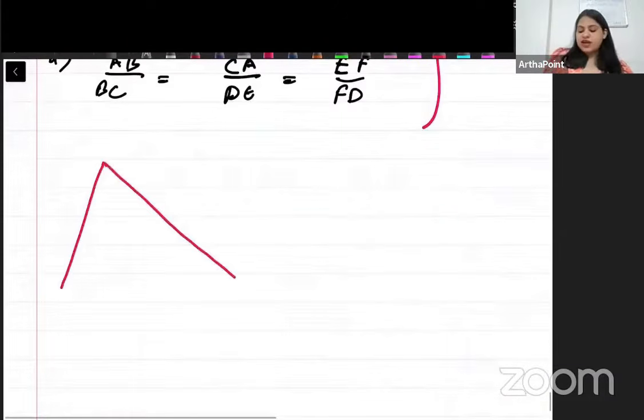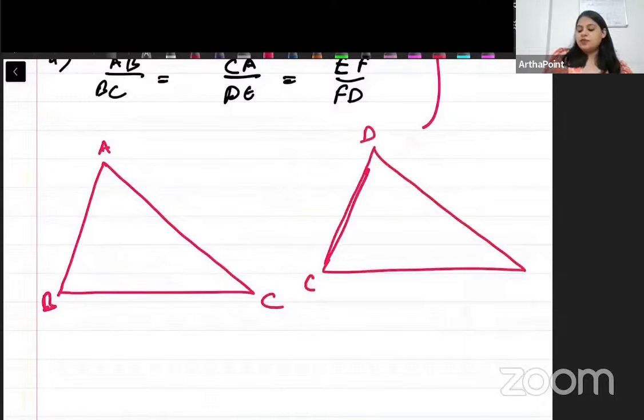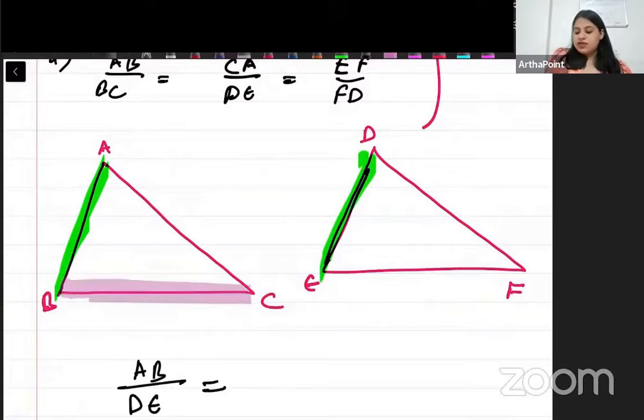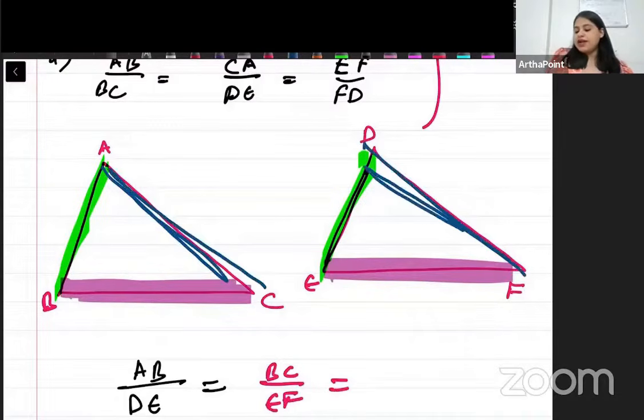So I have triangle ABC and triangle DEF. So ratio of corresponding sides must be equal to each other. So I must have that AB by DE should be equal to BC by EF, BC by EF should be equal to AC by DF.